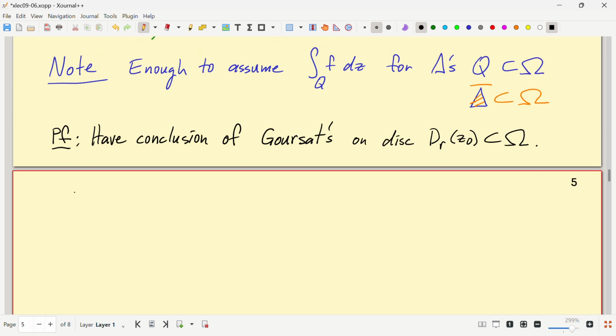It's nice that the little disk is convex because that's where I did this routine. And we can define an antiderivative, F of z equals the integral along the line going from z0 to z of f dw, on that little disk.